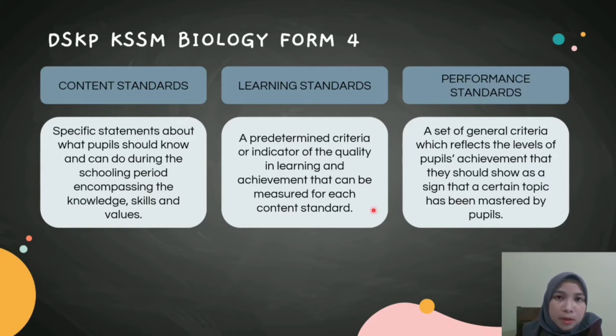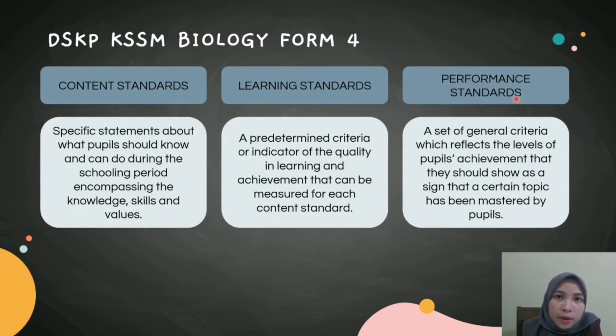Since KSSM Biology focuses on the mastery of knowledge, skills, and values that are appropriate to the pupils' development, the learning outcomes from the KBSM are too general about what the learner will be able to do. In the DSKP KSSM Biology Form 4, each learning area contains content standard, learning standard, and performance standard.